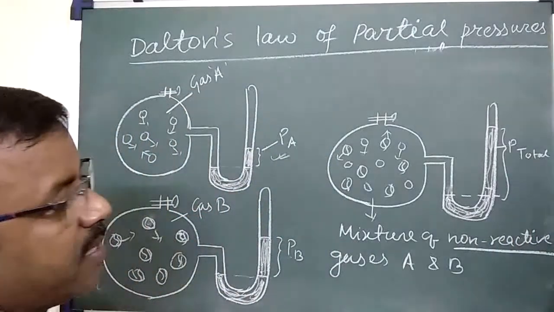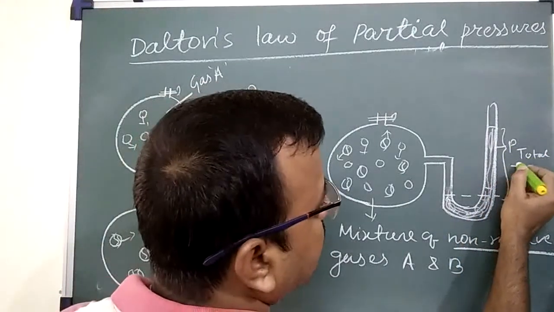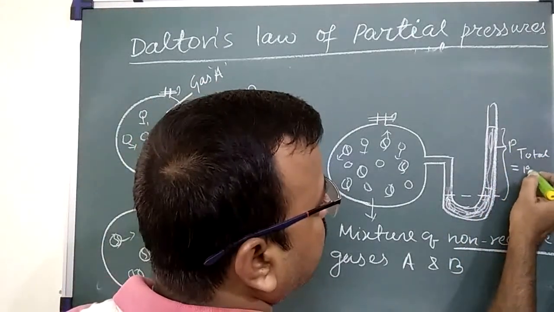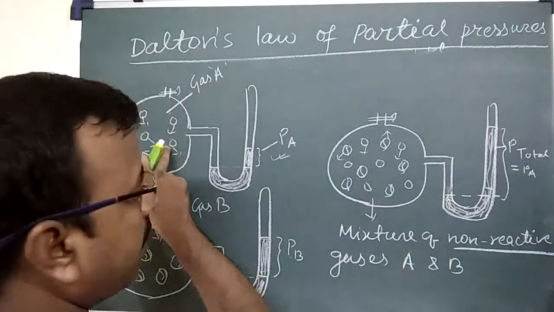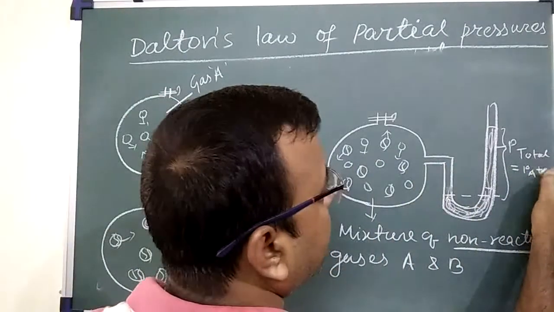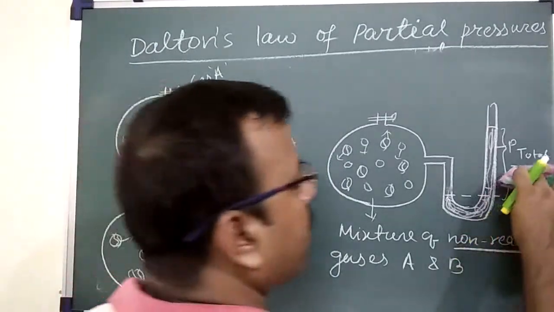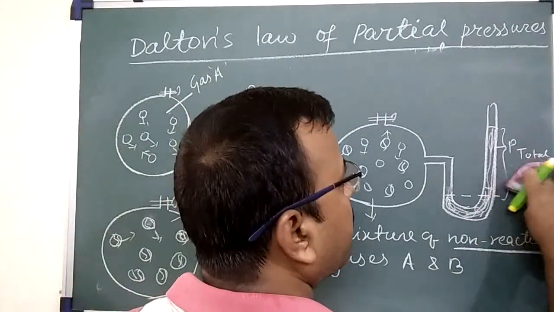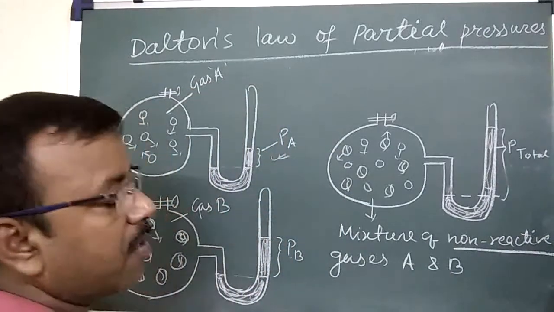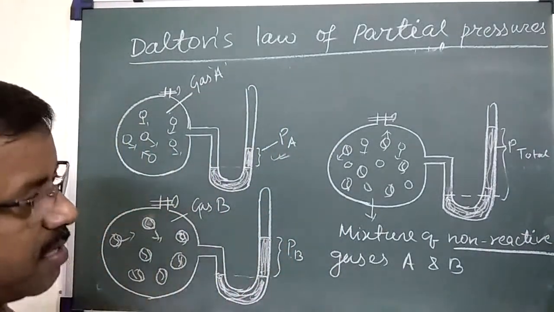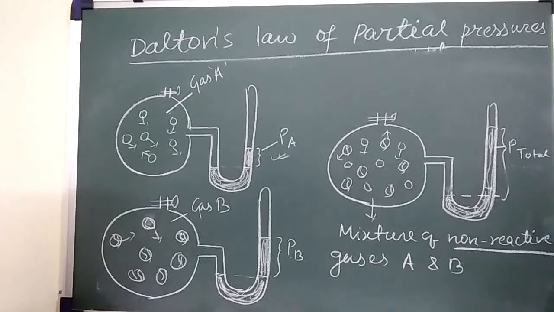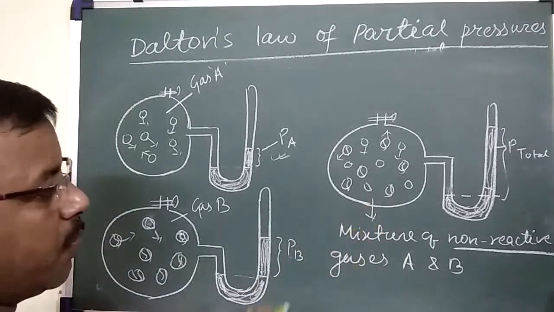Dalton's law states that P total must be equal to PA, the partial pressure of A, plus PB, the partial pressure of B. So we will just write in the statement. This is the P total.